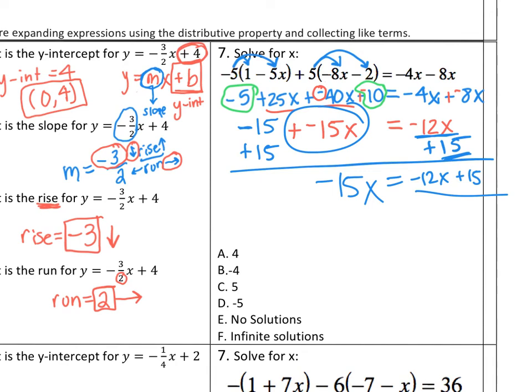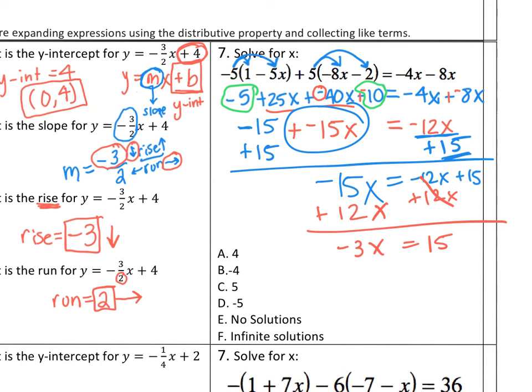So I'm going to move that negative 12x to the other side. What's the opposite of subtracting by 12? Adding by 12. And what I do on one side, I do to the other side. I'm left with 15 on the right, and I'm left with negative 3x on the left.